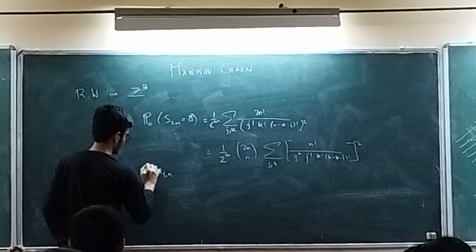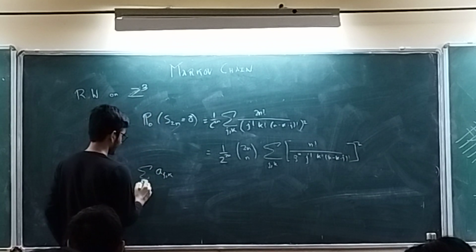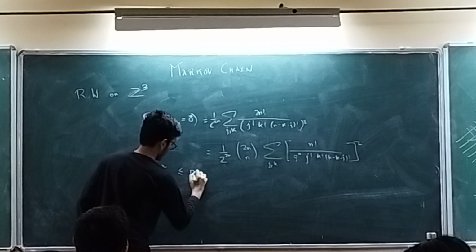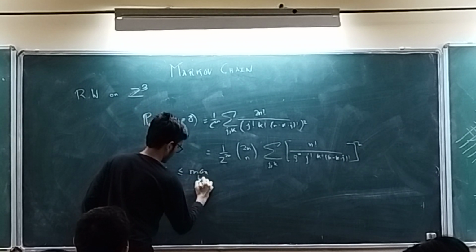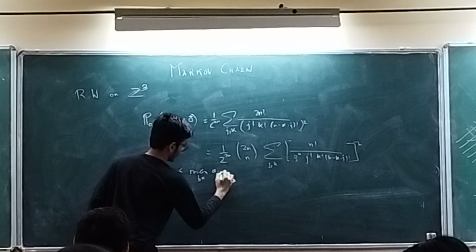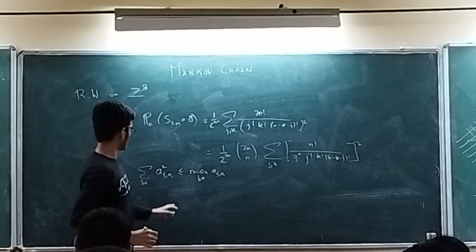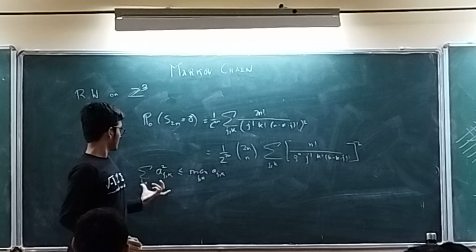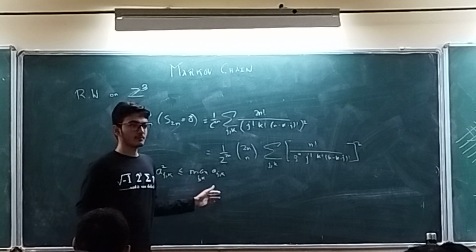Now I will use this thing, which you can just take out. So a_jk is this term, and the sum of the squares of this term is bounded by this thing.